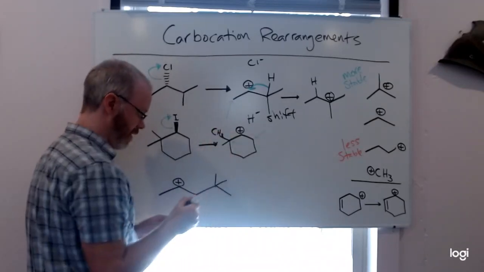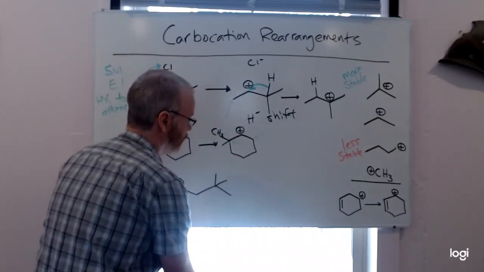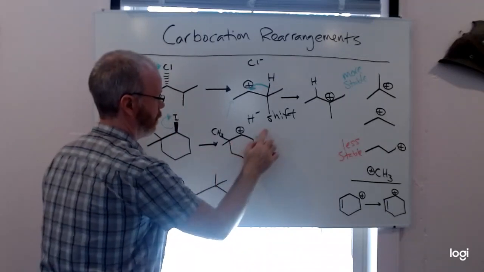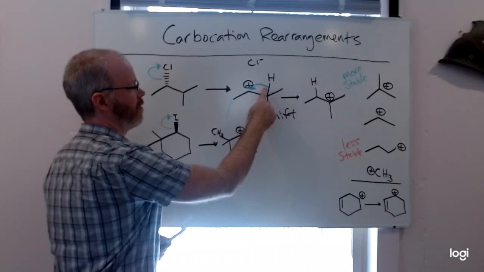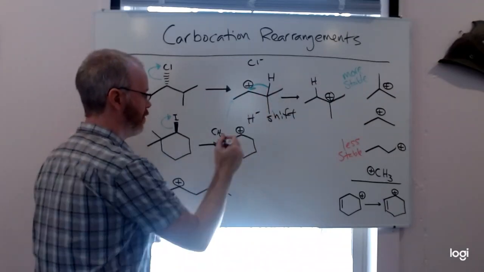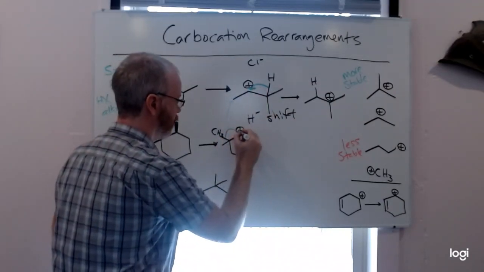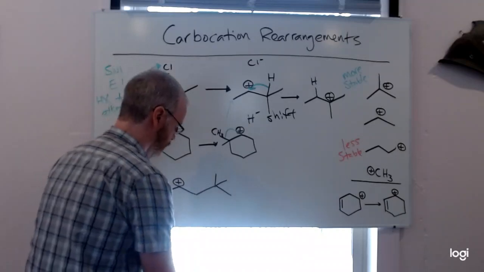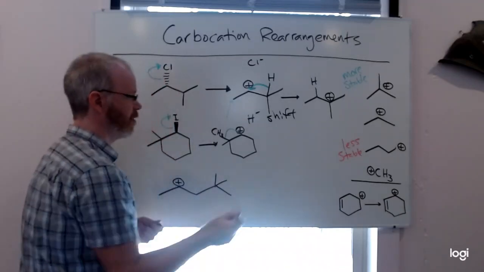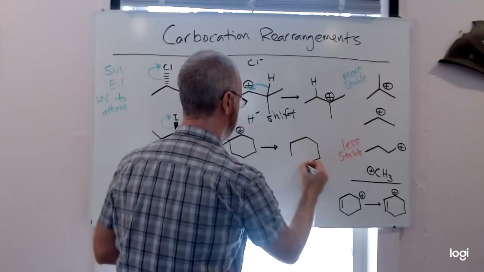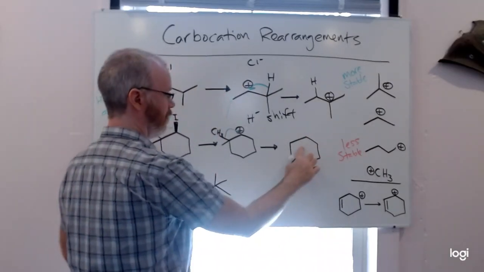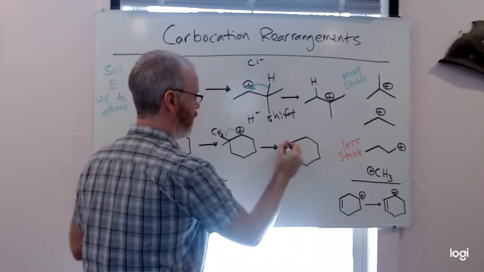Just going to write in my CH3 there. And the arrows are essentially the same. So up here, from the middle of the bond, moved over, same thing. In this case, I've actually changed the carbon skeleton, though. So the ring's the same, this one group hasn't moved.